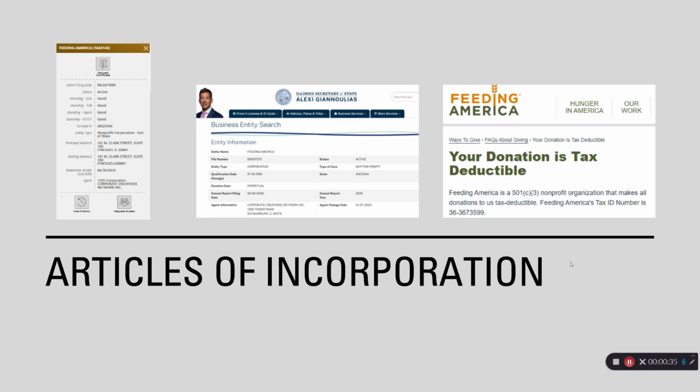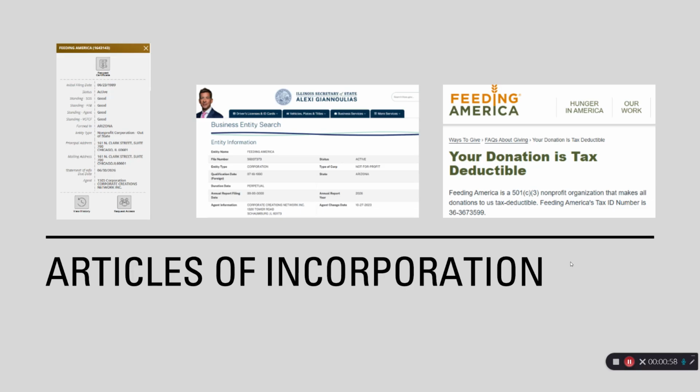This can be found on the Secretary of State website. The far left picture gives the information provided by the California website. And on this picture we can actually see that Feeding America is based out of Illinois.